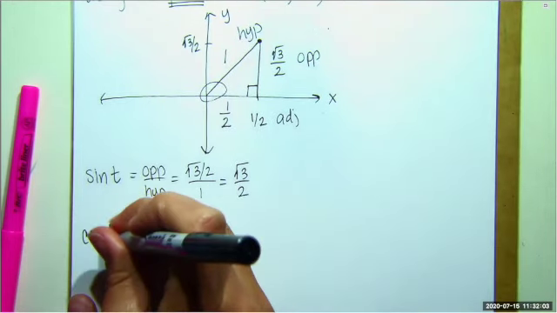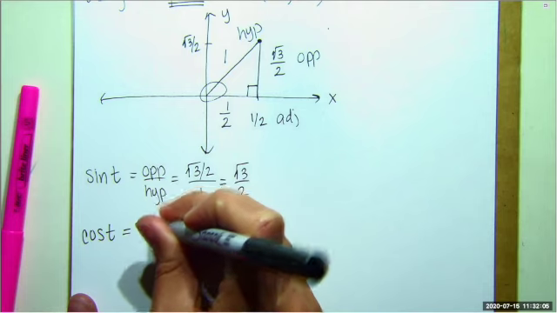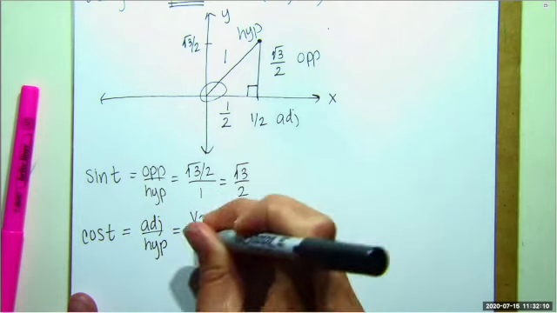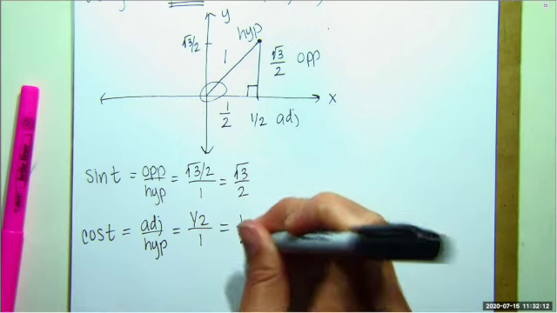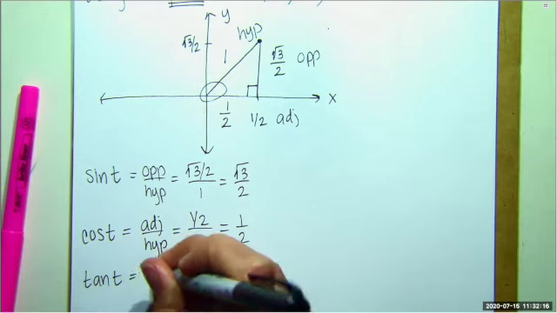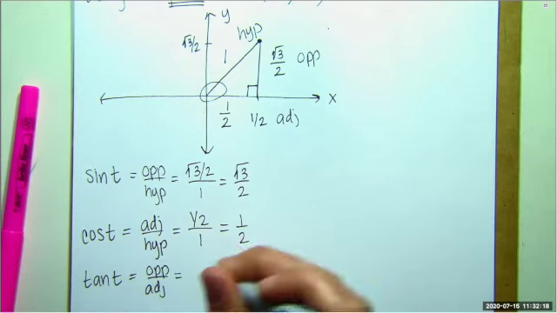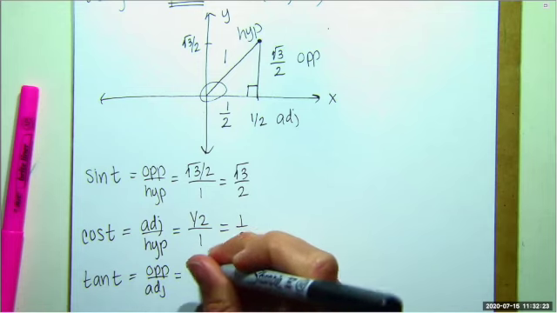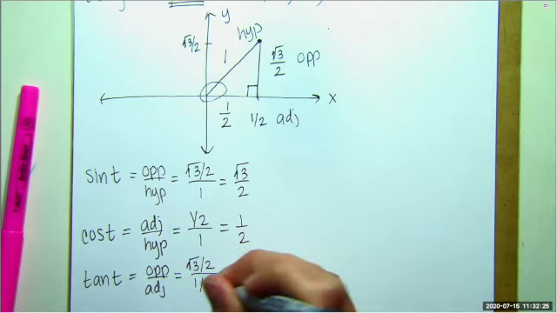Cosine is adjacent over hypotenuse. Adjacent here is 1/2, hypotenuse is 1, so we just get 1/2. Tangent is opposite over adjacent. So opposite is square root 3 over 2, adjacent is 1/2.